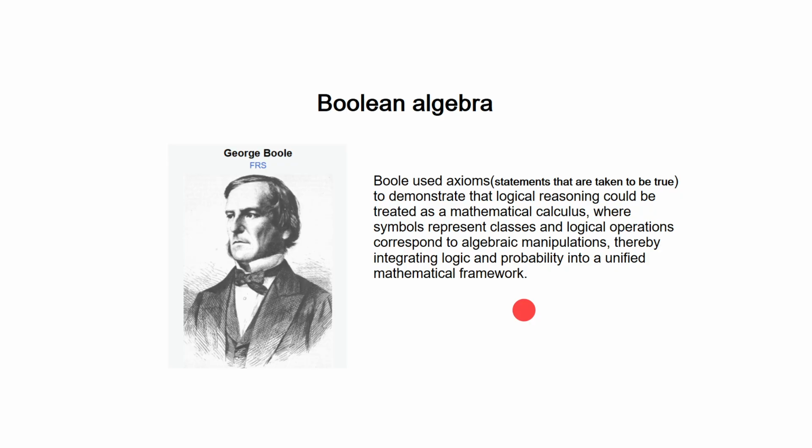He's really an interesting guy. You should go and look at more about George Boole and why Boolean algebra is very important to computing. So this is what is important. Just go and look at it.